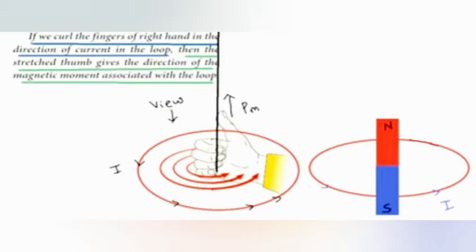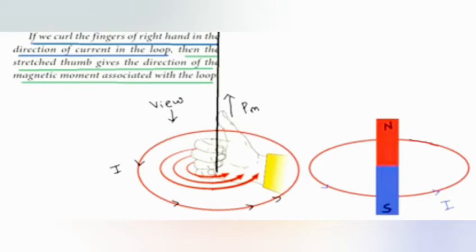And here the loop behaves as a magnet. So for a magnet we have to find out the polarity. How can we find the polarity of the magnet? By means of the N rule. Let us see the N rule.